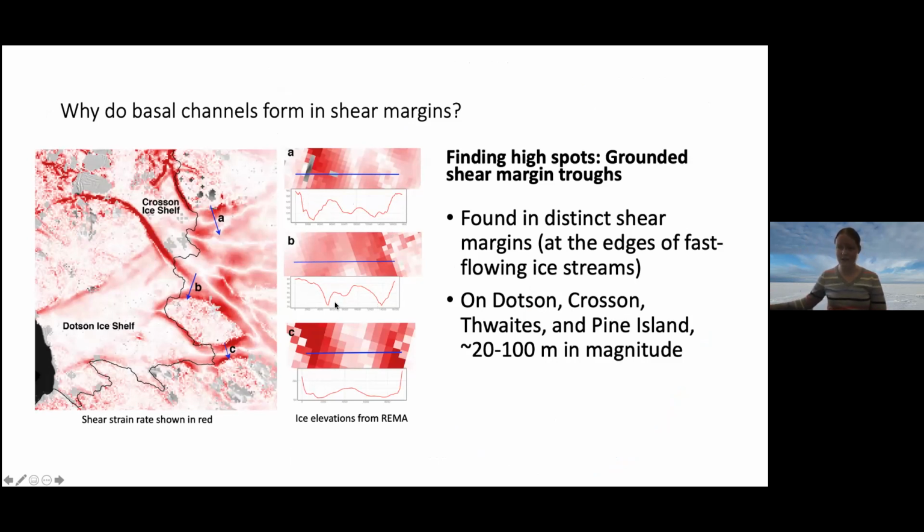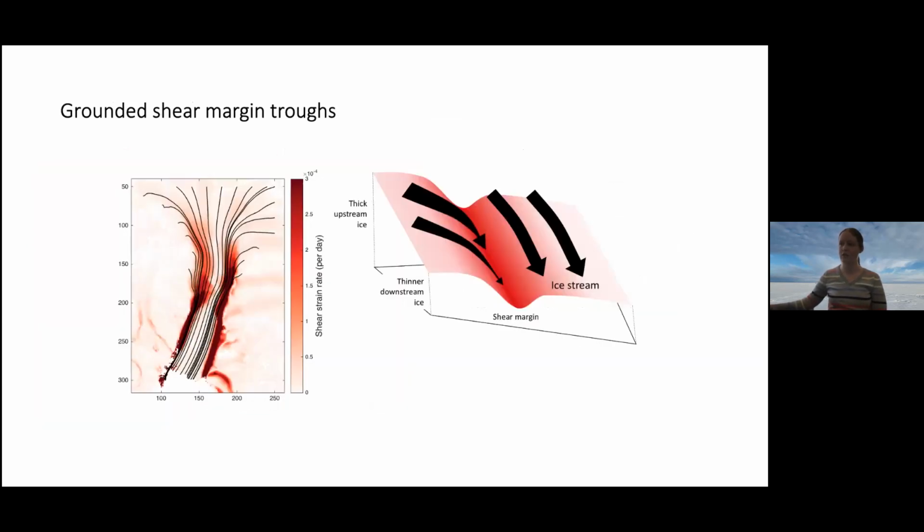My guess is that is not a surprise to many of you. I've talked to people who've been in the field near shear margins who remember seeing a big dip in the shear margins. But it's really big. On fast flowing ice streams in particular, you get really big dips in the shear margins, up to about 100 meters of relief.